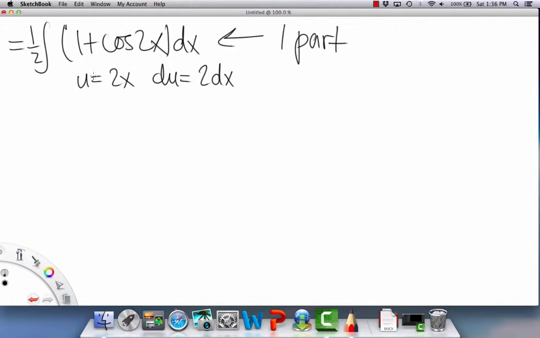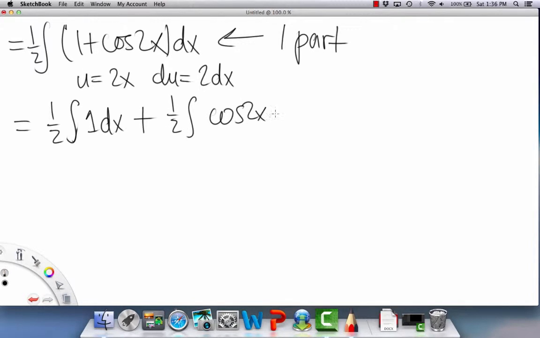So what I'd like to do here is actually separate this before we apply the u sub, because it can get kind of confusing with the 1 out in front here. So if we break it up, it's just the 1 dx, and then we could break it into a separate integral like that, right? So now we have our cosine 2x dx. This is the first part of the integral.